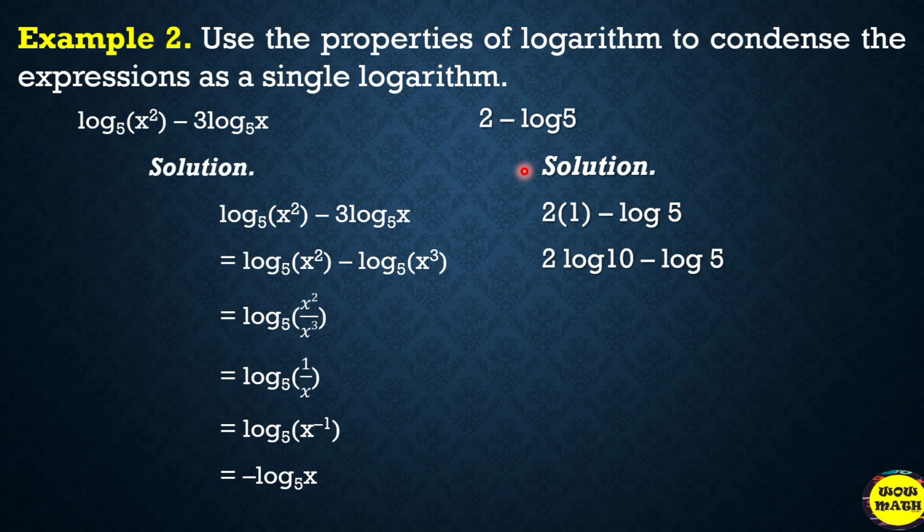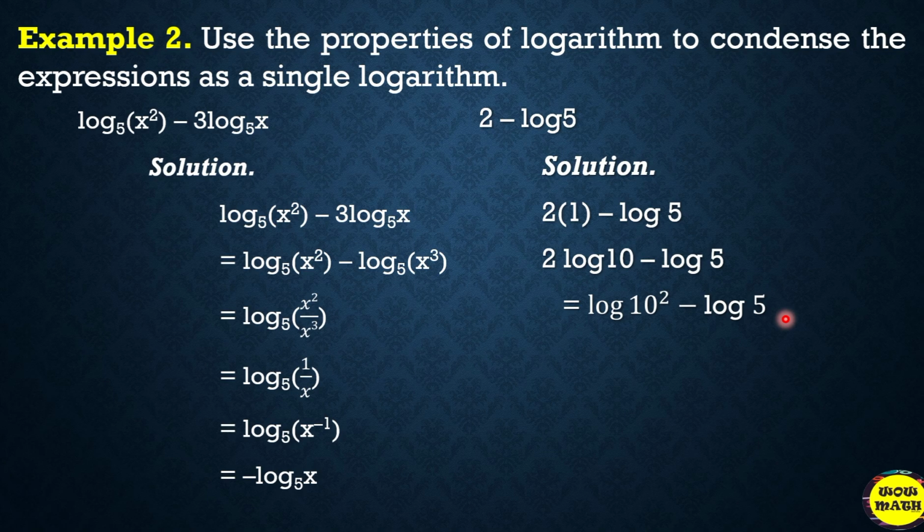Again, una munang gagawin, mag-iisip ka ng equivalent ng value ng 2. So into logarithm. So si 1 ay ginawa kong logarithm of 10. Okay? Para same sila dito, maging common logarithm din dapat. Kasi dito common logarithm, so dapat common logarithm din yung ilagay natin. After that, yung 2 sa unahan natin, gawin natin as exponent ng 10. So, magiging log of 10 squared minus log 5.